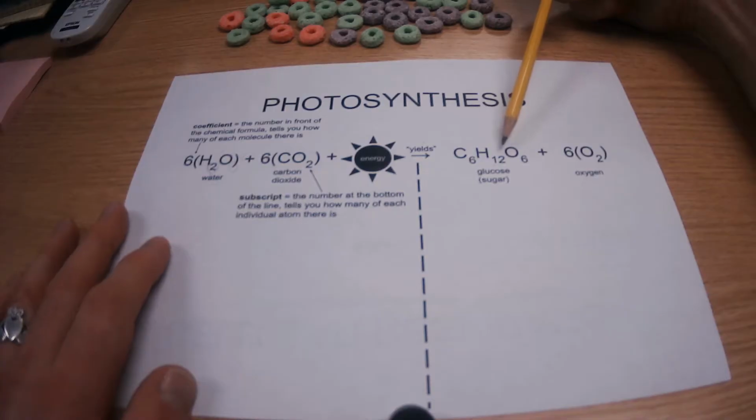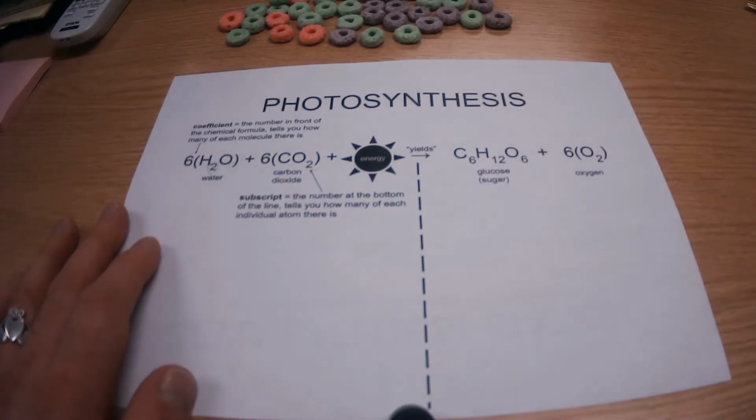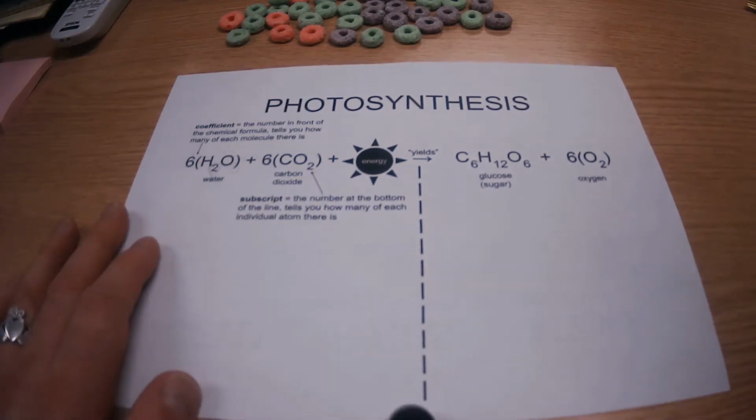If you've ever made chocolate chip cookies using the Nestle Toll House chocolate chip cookie recipe, it's on the back of the bag. It's going to list the ingredients there. It's going to give you some instructions. And at the bottom, it's going to say yields 2 dozen cookies. Yields is simply meaning produces or creates or generates, however you want to say it.